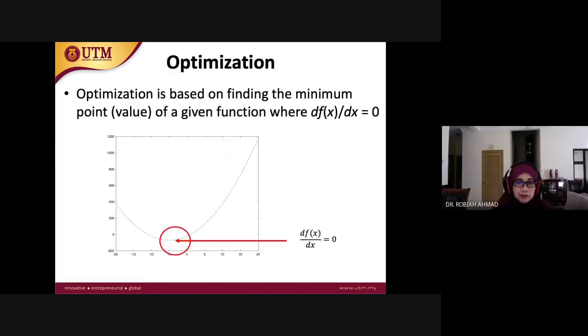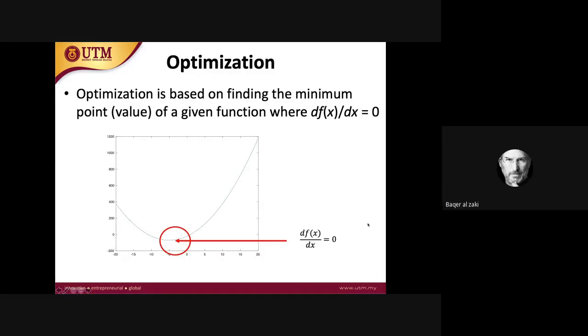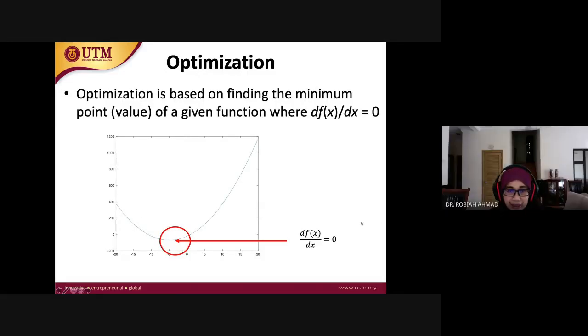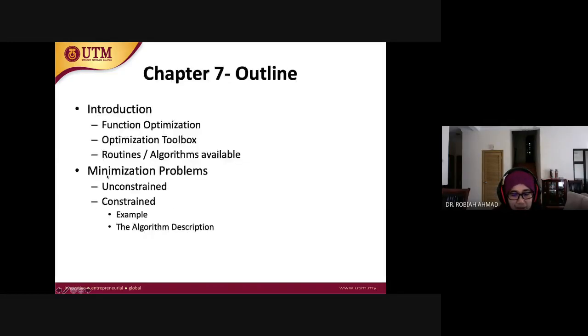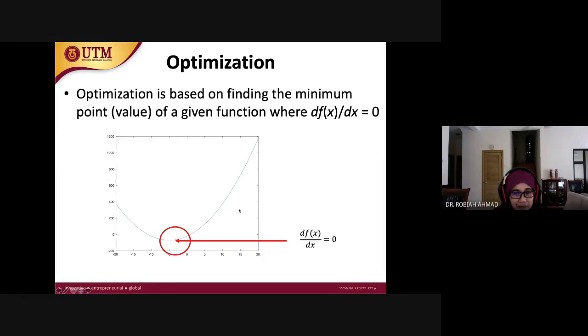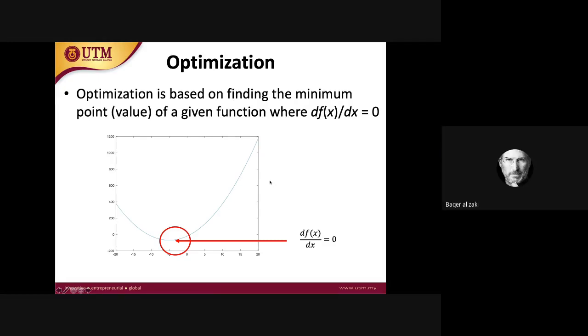Okay, so optimization is based on finding, in this example, the minimum point of a given function. Let's say this is our function, described by the blue line. So f(x) equals some equation, and then we want to find the minimum point.